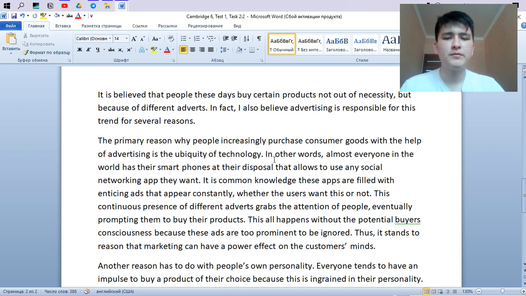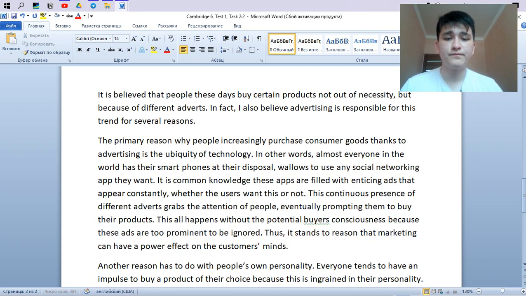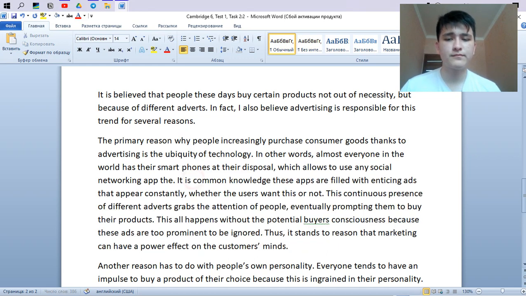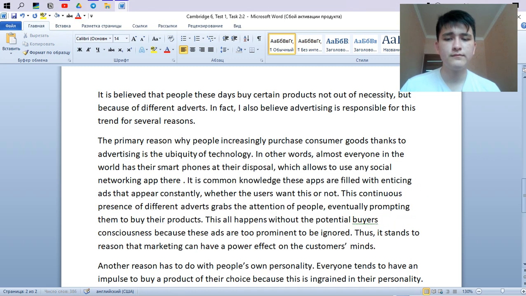The primary reason why people increasingly purchase consumer goods, thanks to advertising, is the ubiquity of technology. In other words, almost everyone in the world has their smartphones at their disposal, which allows them to use any social networking app there is. It's common knowledge that these apps are filled with enticing ads that appear constantly, whether the users want this or not.